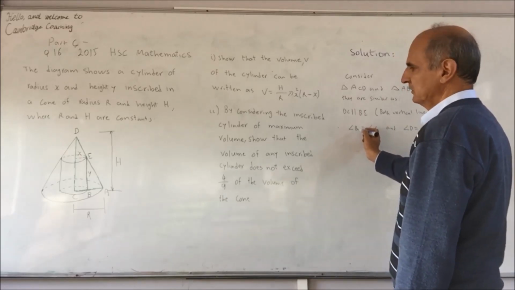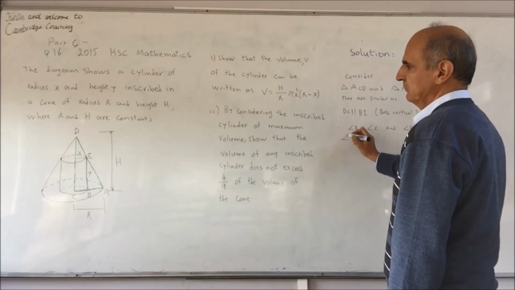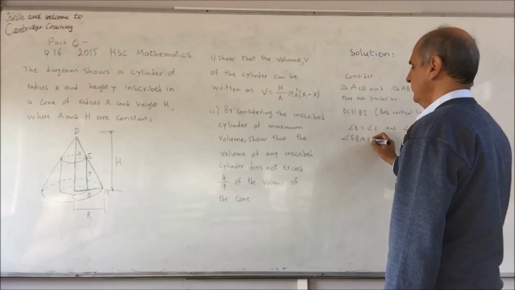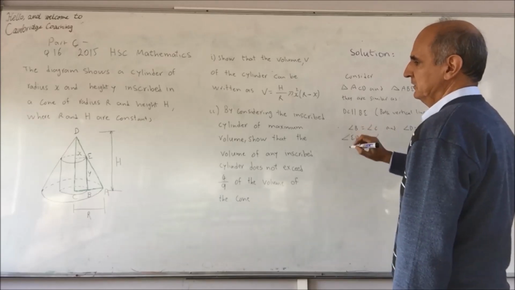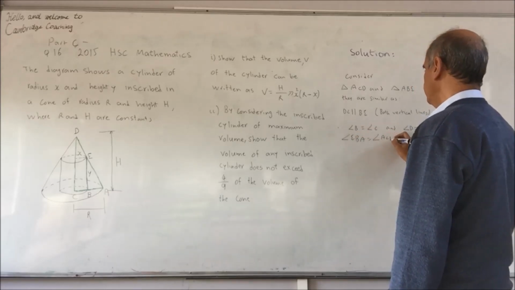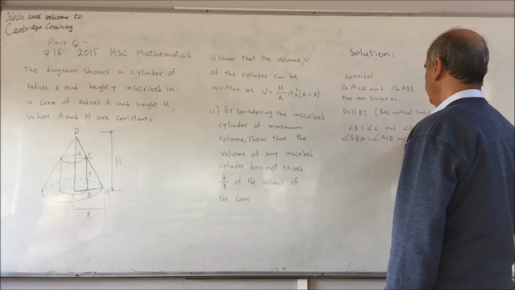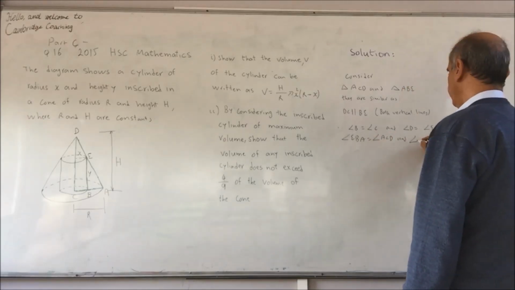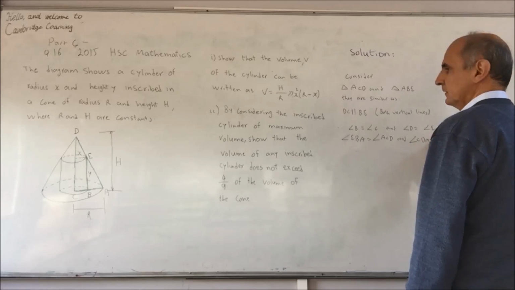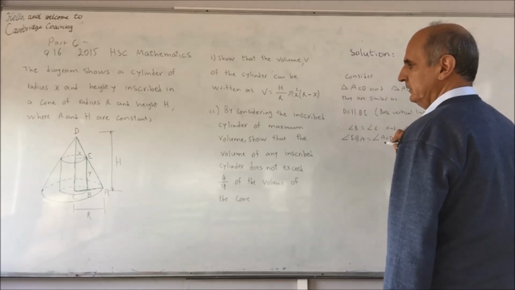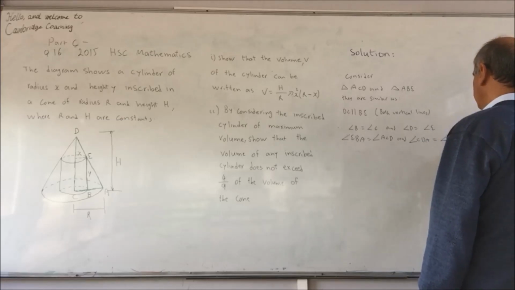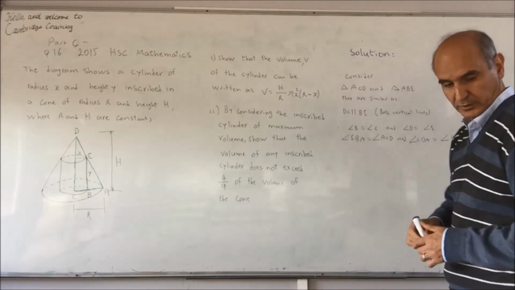Rather than writing just B, it would have been better if I wrote it as EBA, and rather than writing C, ACD, and rather than writing D, CDA, and in place of E, BEA. I could have written that, that probably would have been more accurate.